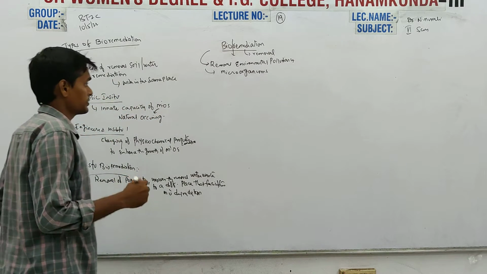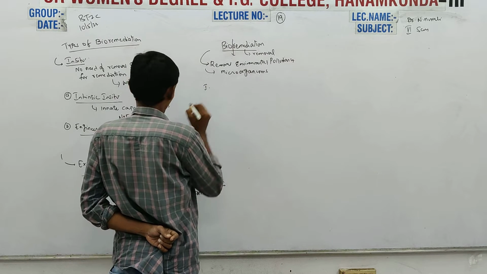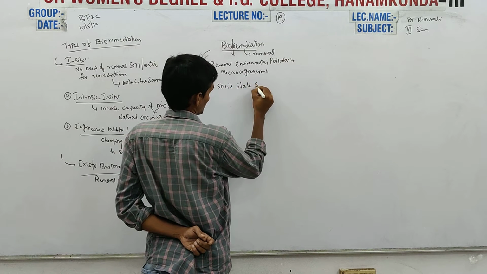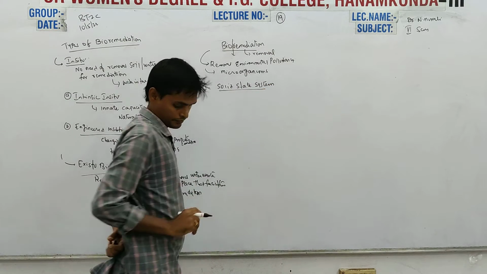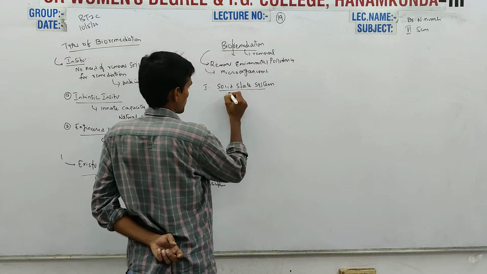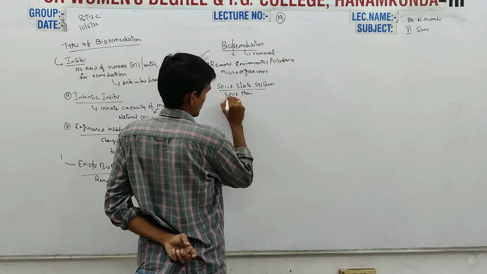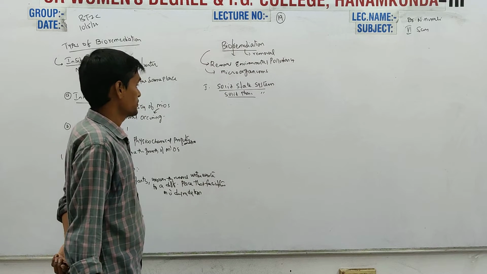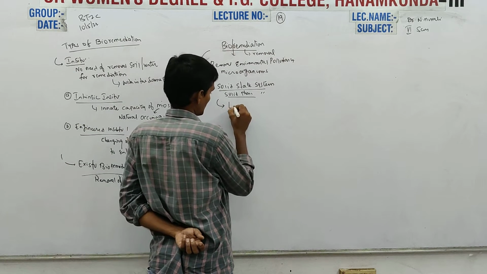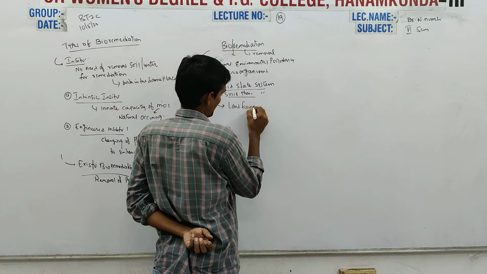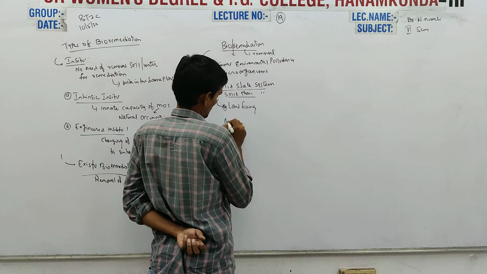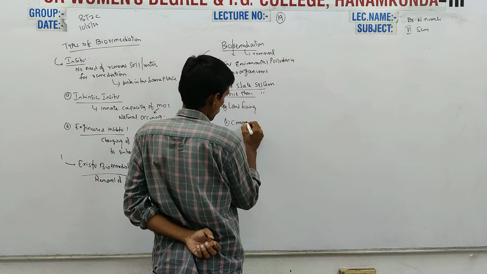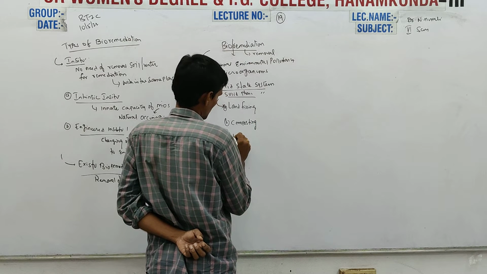Coming to ex situ bioremediation, there are two stages. One is the solid state system, or we call it the solid phase system, which includes three methods: landfilling, composting, and biopiles.